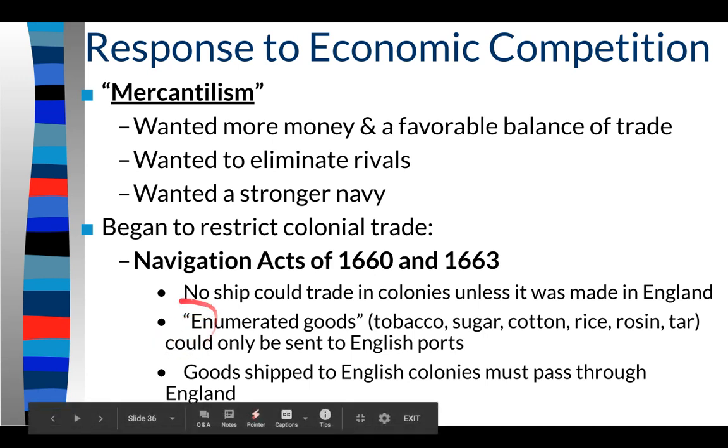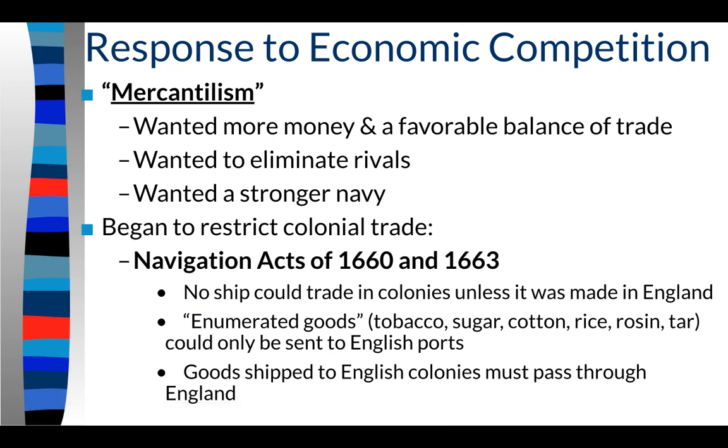Okay, look at this one. Enumerated goods, which are tobacco, sugar, cotton, rice, rosin, and tar, could only be sent to English ports. So you can sell to other countries, but you have to first take those items, take tobacco in an English ship, and you have to take it to England first, probably pay for a tax or a fee, then you can sell to other countries.